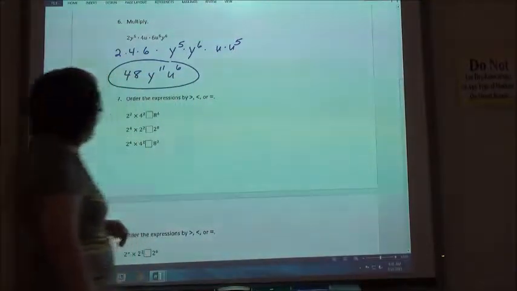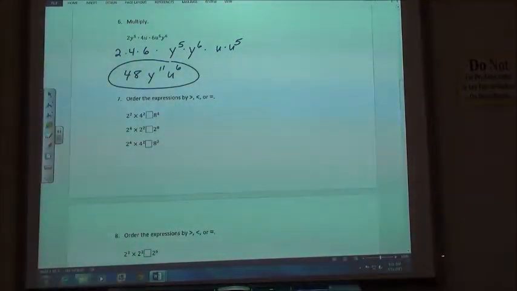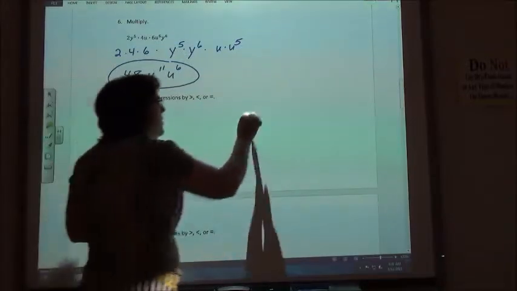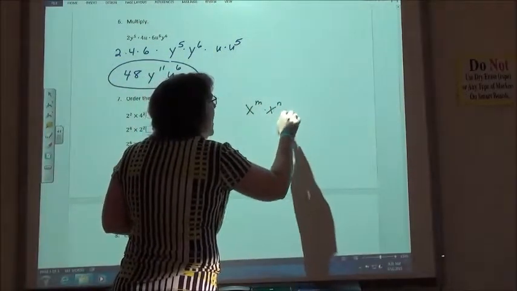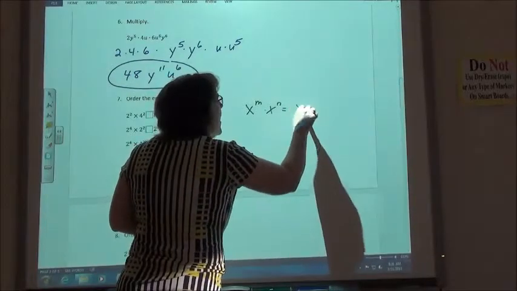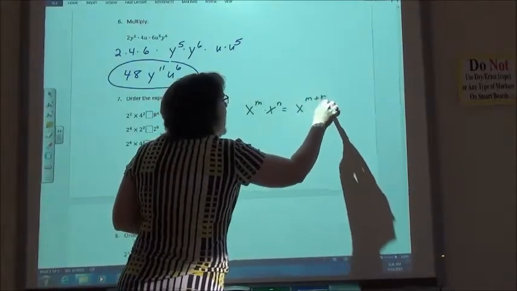Now 7 is trying to get you to compare expressions, and they want you to get used to some of the rules. We already had the rule: if my bases were the same, x to the m times x to the n, I add my exponents, x to the m plus n.